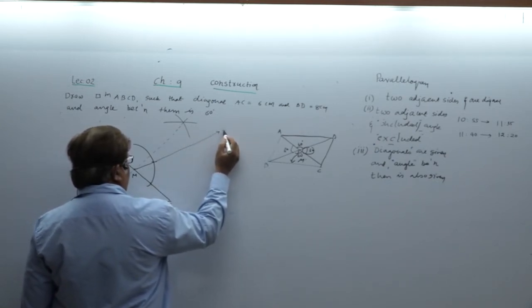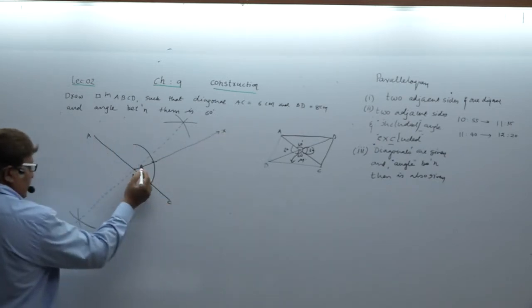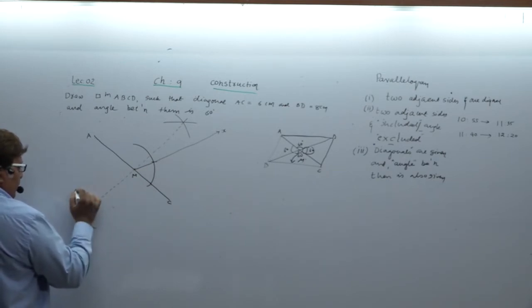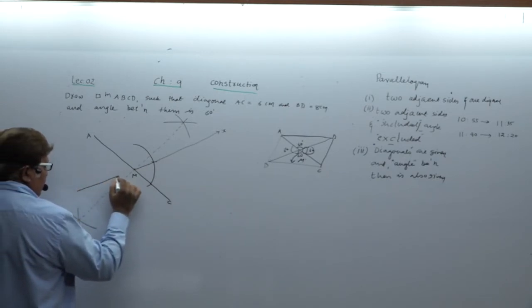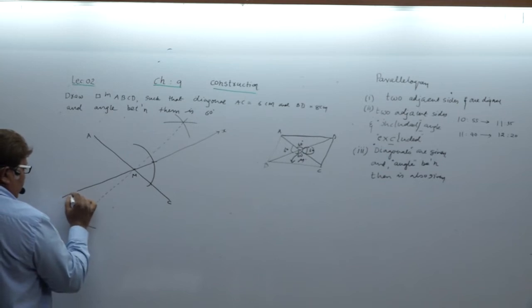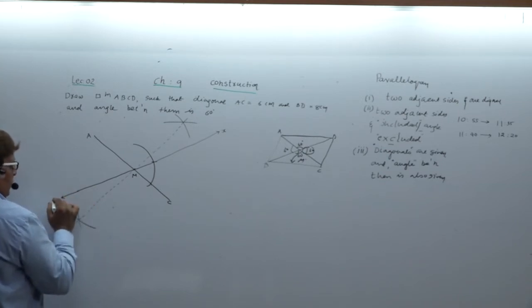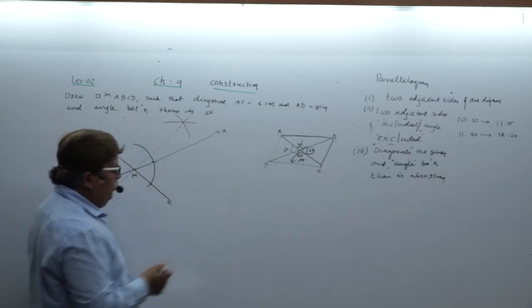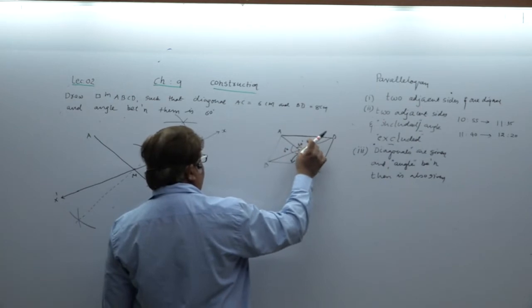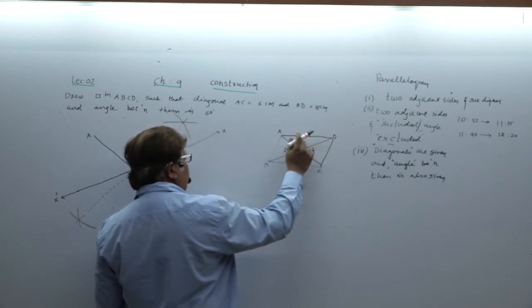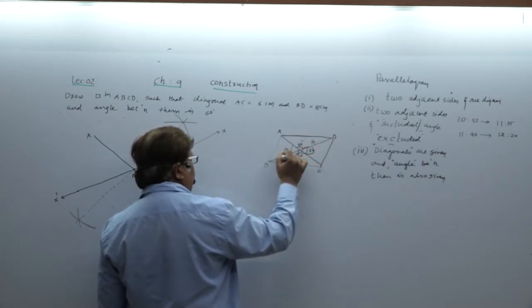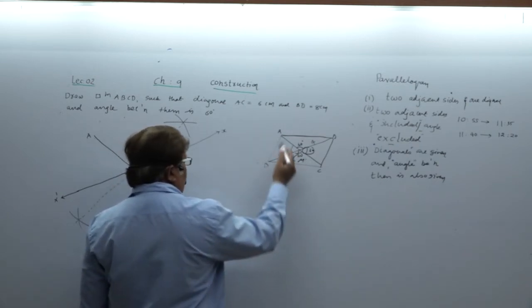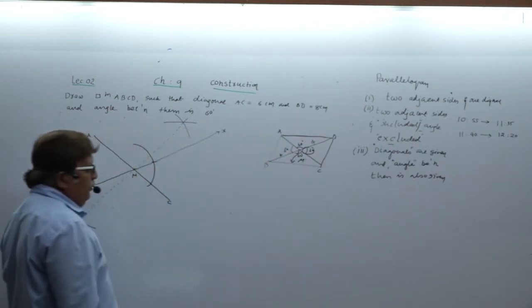You may call it ray BX. And then extend the ray in the opposite direction straight, dear student. You can call it X dash. Okay. And now, as you all know, diagonals bisect each other. So if BD is 8, this is 4 and this is also 4. AC, you have already drawn.